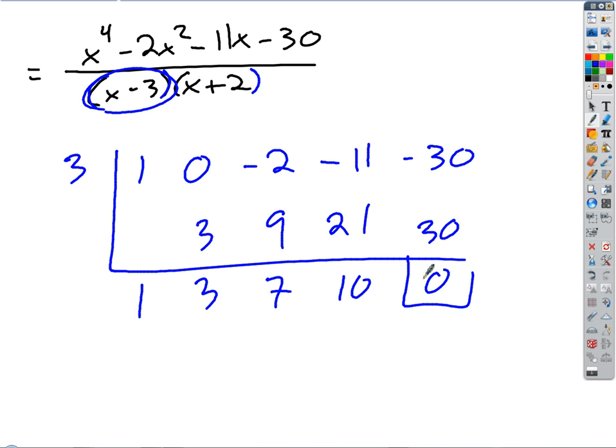So at this point we know that this divided by this equals that polynomial. So what is that going to be? Tell me what that polynomial is. X cubed, okay. Plus 3x squared.